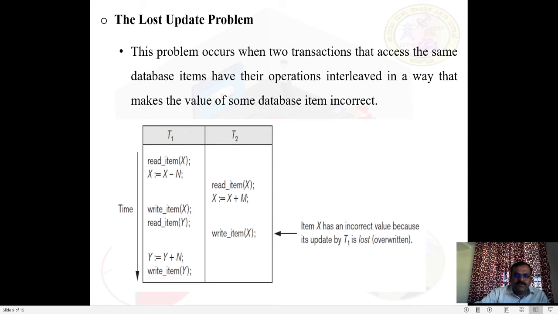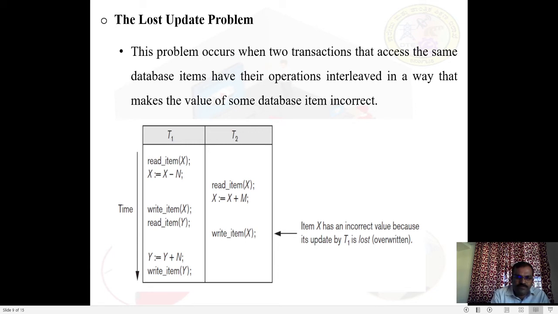For example, the value of X is 80, which means there were 80 reservations on the flight.